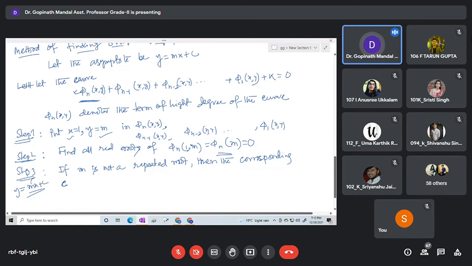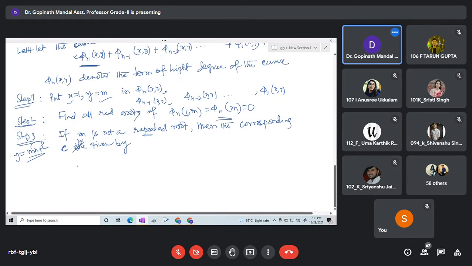So for this corresponding m, the value of c is given by, from this equation, c into phi n dash m plus phi n minus 1 m equal to 0.